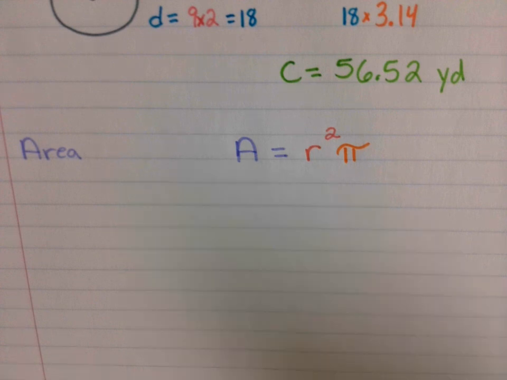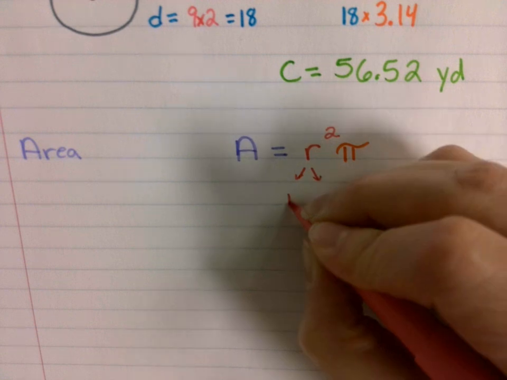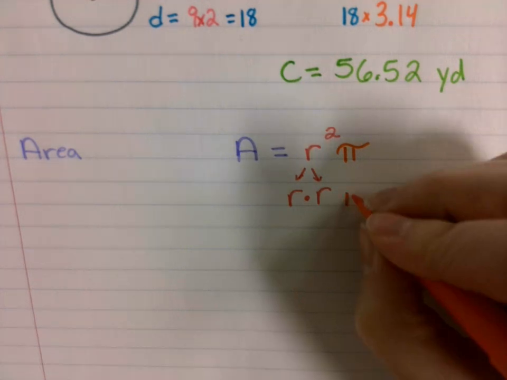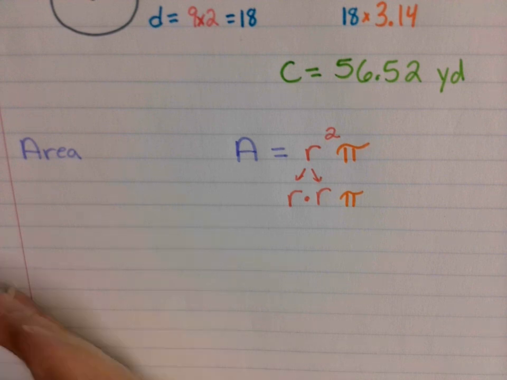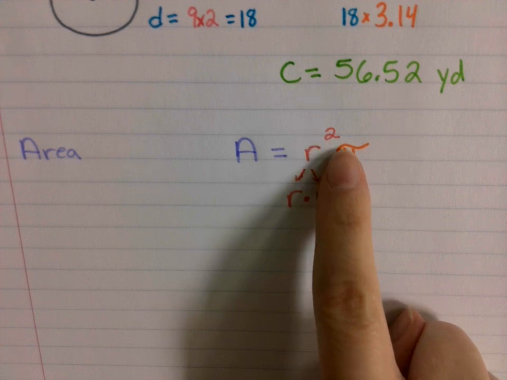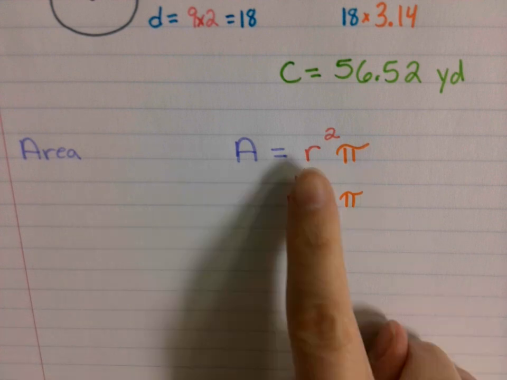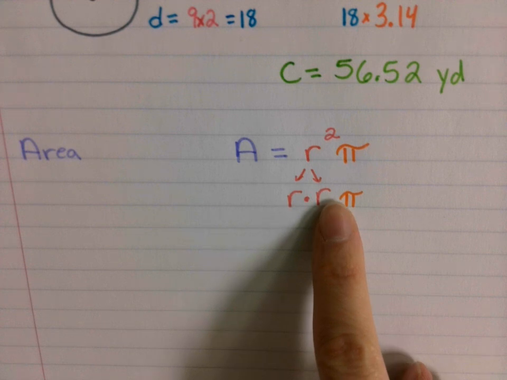You could break this up and just say that it's r times r and then times pi. 5 squared is not the same thing as 5 times 2. 5 times 2 would give us 10. 5 squared would give us 25 because we would do 5 times 5. An exponent just tells you how many times you're going to repeat the multiplication of that value. So instead of just saying r to the second power, you can say r times r times pi. Perfectly fine to do that as well.